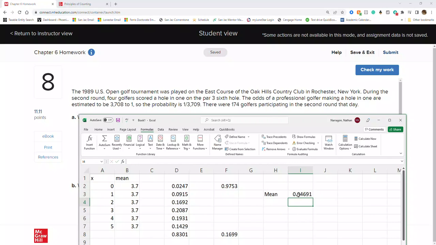Enter, and this is our mean. So 0.046. So we'll have it that.